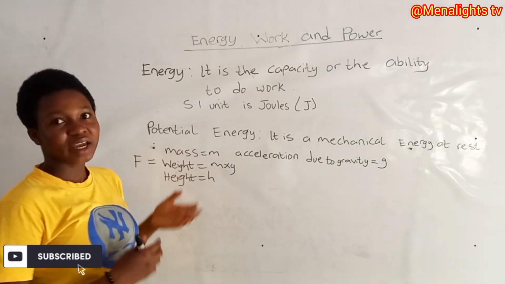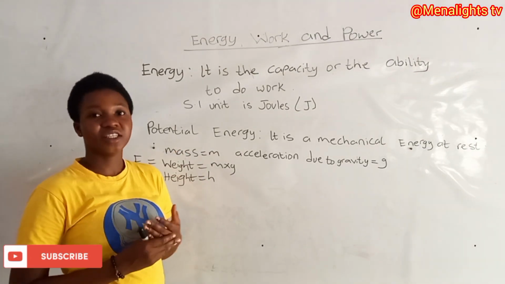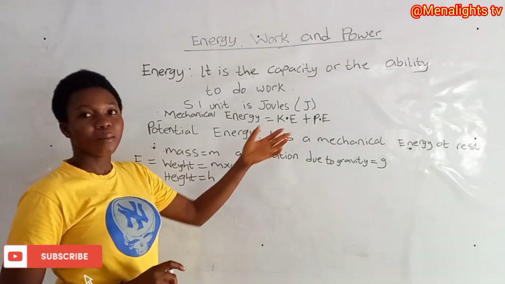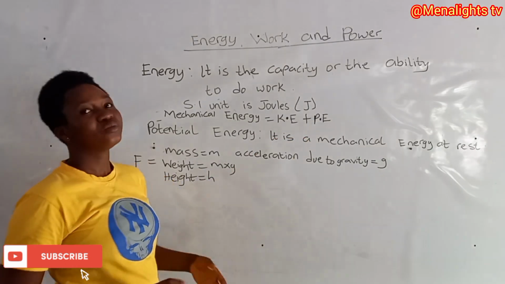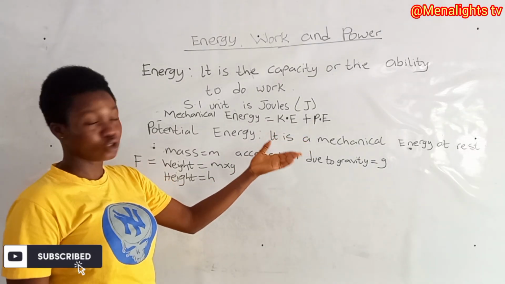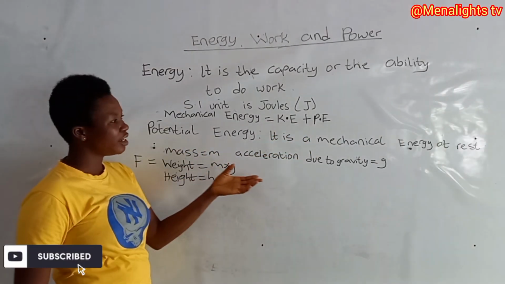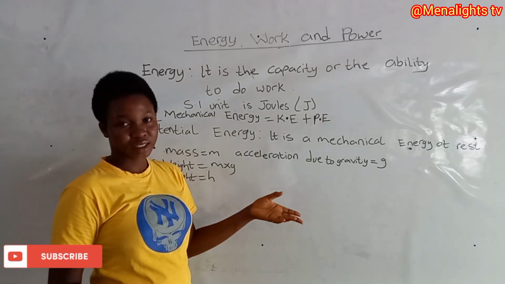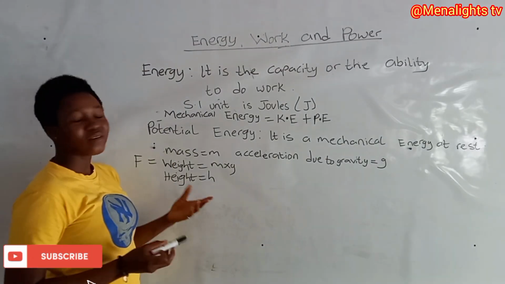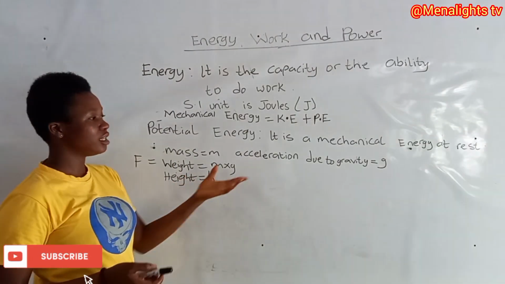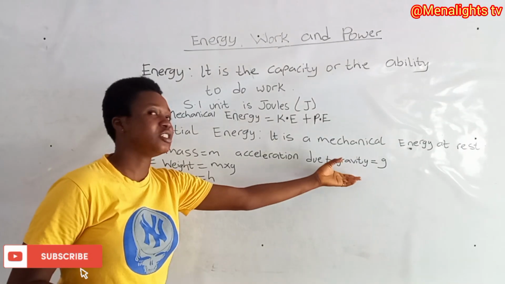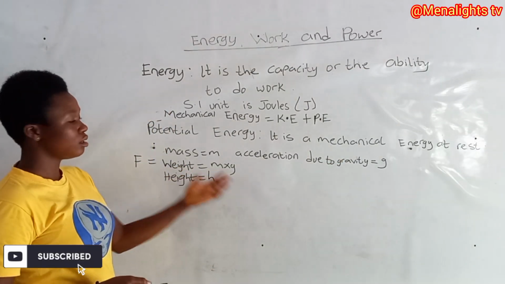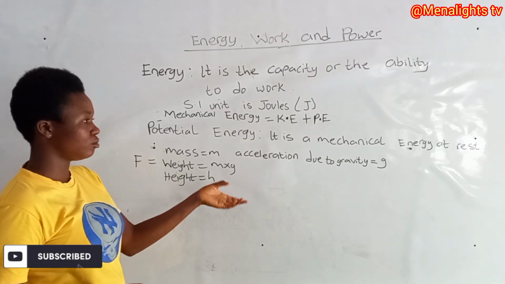So here potential energy is simply mechanical energy at rest. Mechanical energy is equal to kinetic energy plus potential energy, and we know that their SI unit is joules. So we have a body of mass m, with acceleration due to gravity g. The weight of the body becomes mass times acceleration due to gravity.